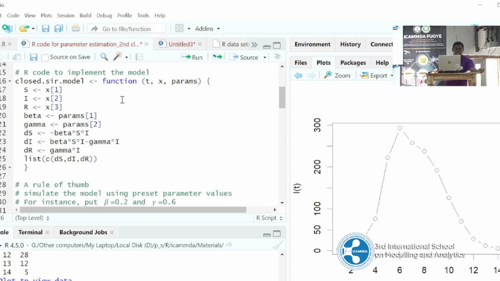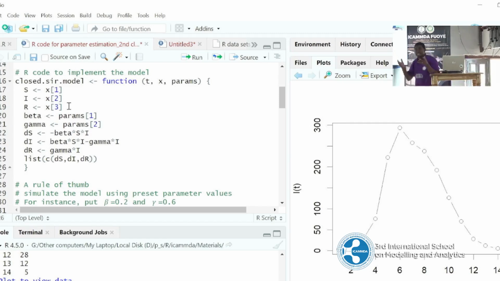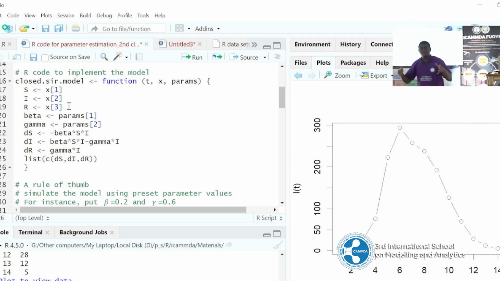Where T is standing for time, X is standing for the state variables, and params is standing for parameters. So S here is the first component of X, I here is the second component of X, and R is the third component of X, because I'm dealing with an SIR model.